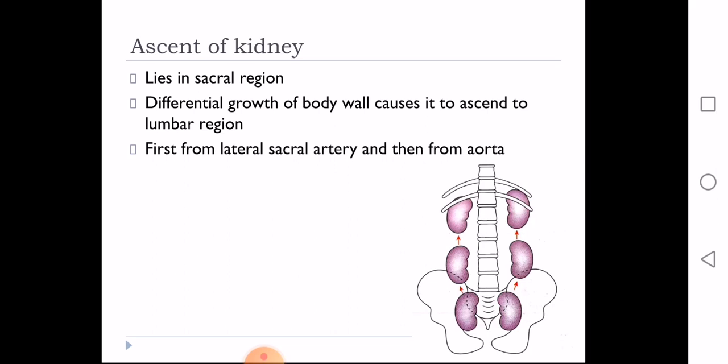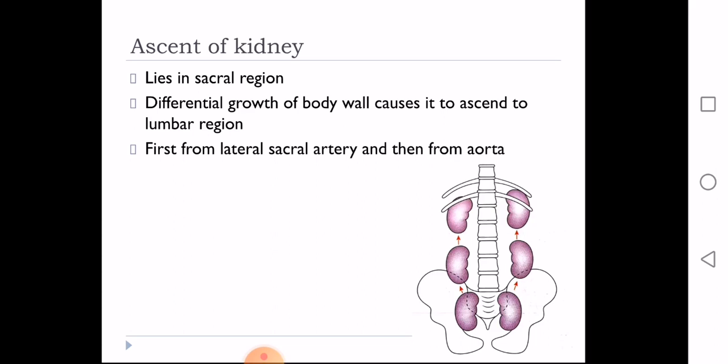It is present above. So where is it actually? In the thoracolumbar region, right? So how did it go from the sacrum to the lumbar region? That is called the ascent of the kidney. Just the opposite of descent of the testis. Here you have ascent of the kidney. The kidney rises up.